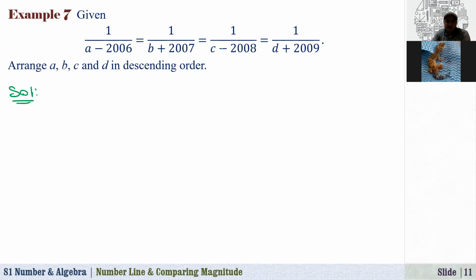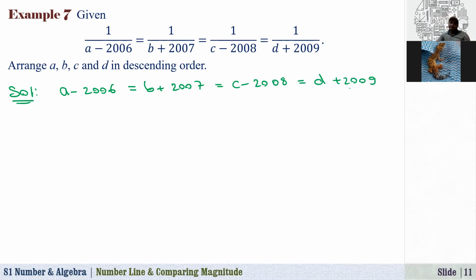For these fractions to be equal to each other, their denominators must be the same, otherwise they cannot be equal. That means the given expression is equivalent to: a minus 2006 equals b plus 2007 equals c minus 2008 equals d plus 2009.